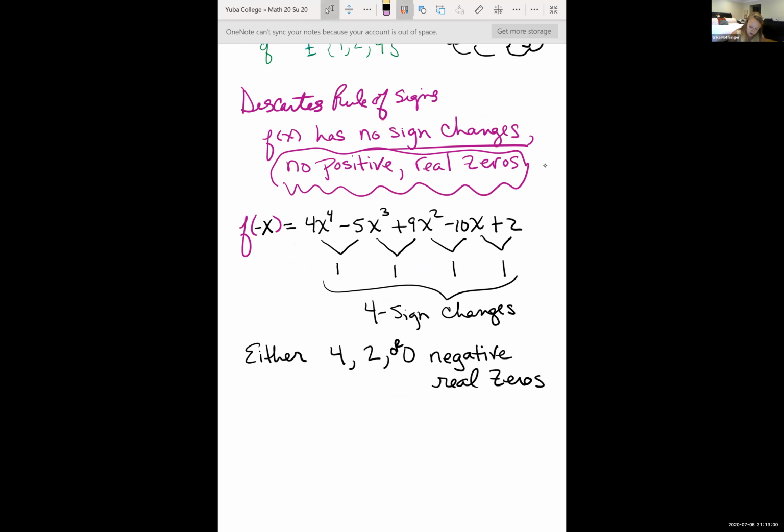So let's put our c value that we're using, so -1, and then our coefficients. So our coefficients of f of x, that was +4, that was +5, that was +9, that was +10. They were all positives, weren't they? And 2.